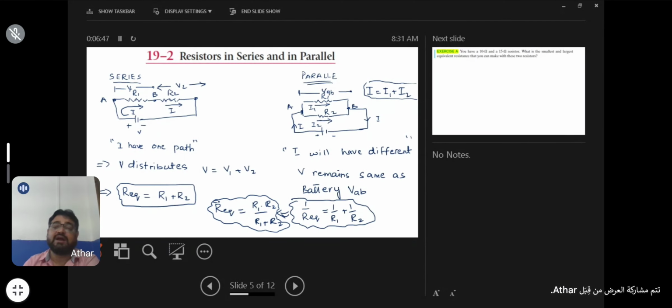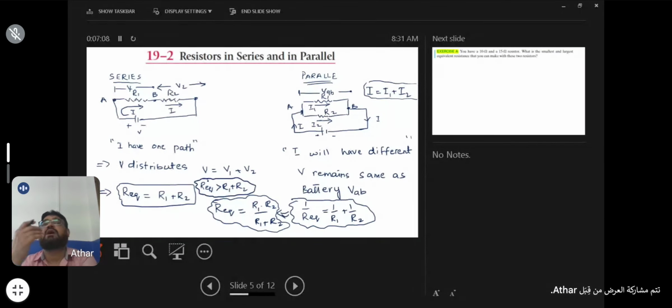So here I would like to add one very, very important thing, that whenever we are asked in series combination, you will see R equivalent will be greater than R1 plus R2. This is very, very important result.